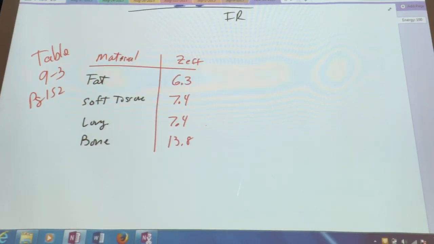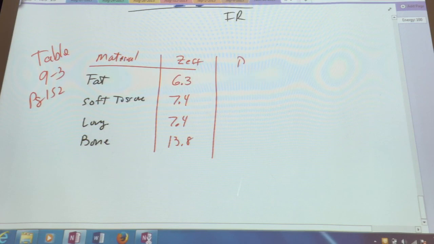And then there's another table, density tables. He has the same idea for effective densities, but puts them in different tables for whatever reason, so this is 9-5.